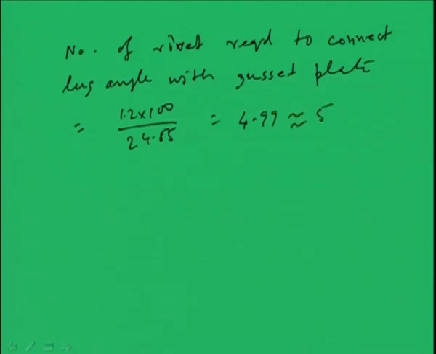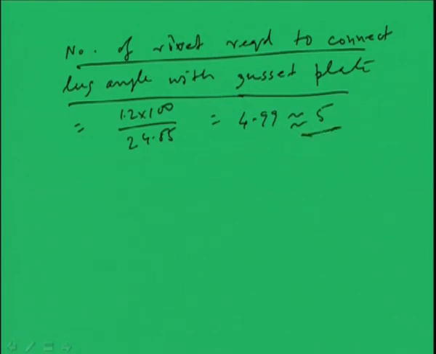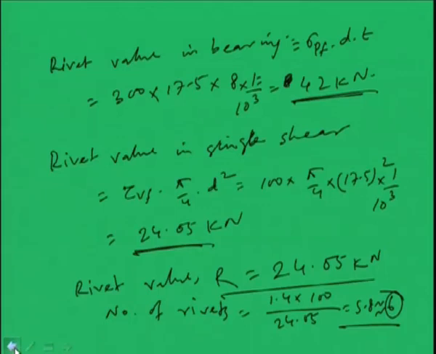So, observe this: the number of rivets required to connect the lug angle with the gusset plate is 5 and the number of rivets required to connect the lug angle with the main member is 6. For one case it is 40%, and for the gusset plate it is 20%, and for the main member it is 40%, right.